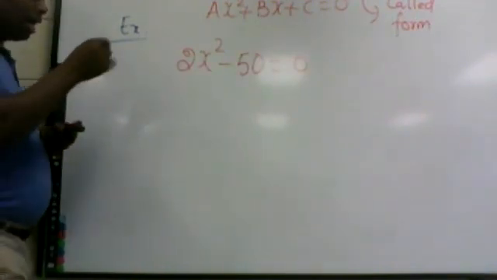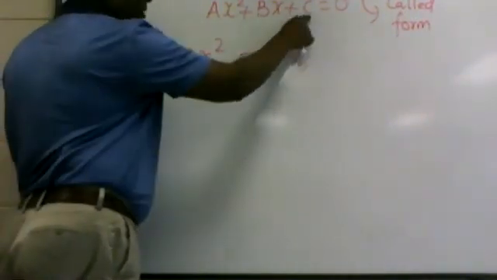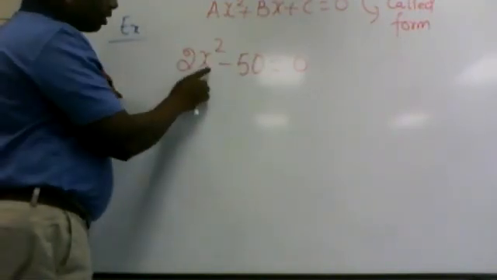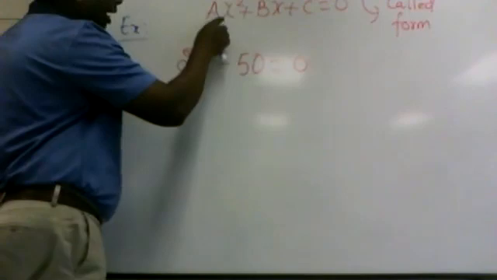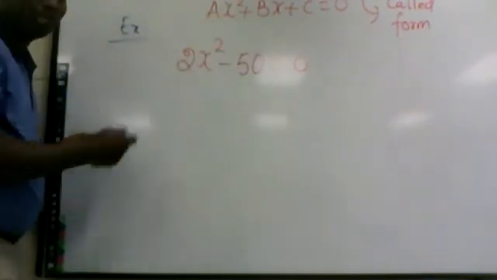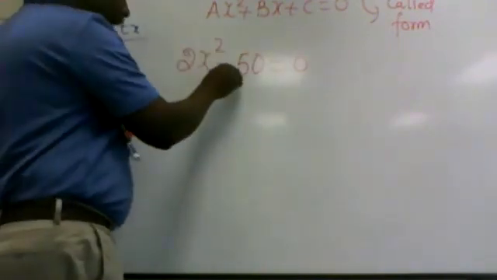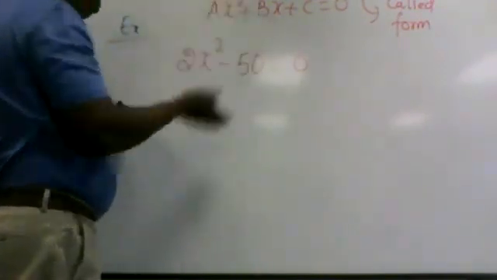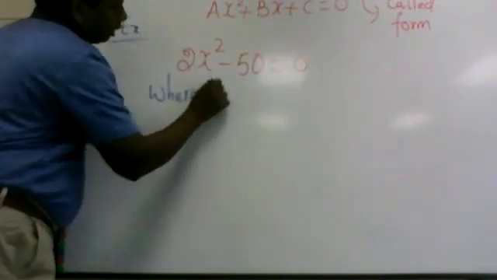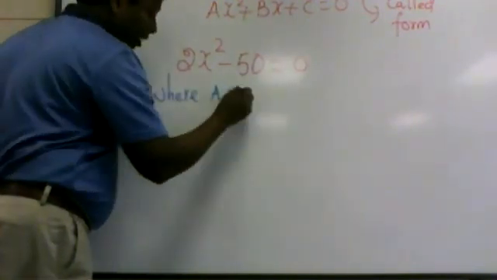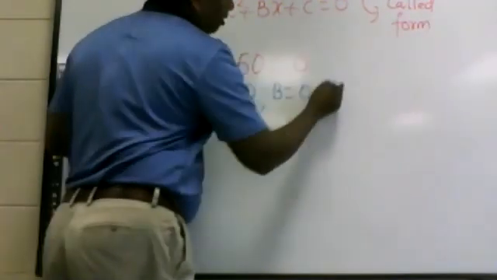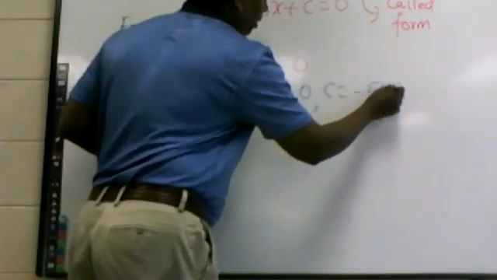Now, when you look at that, I have the constant c, that is negative 50, and I have the a value that is 2, and the b value is missing. Please look at that, the absence of b. So I'm going to write all the values, that means a and c values. A is 2 and b is definitely 0 and c is negative 50.